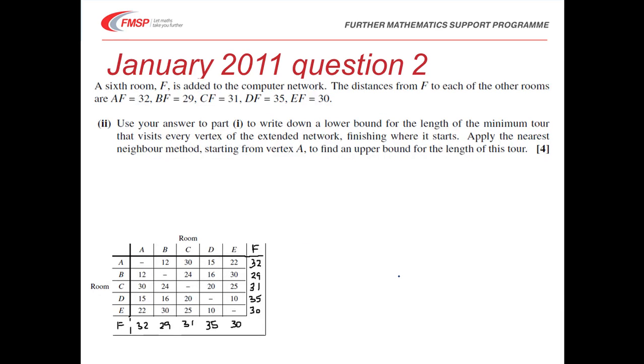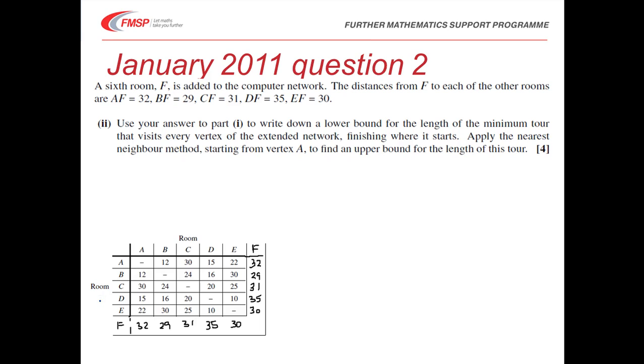We're now going to look, as I say, at the second part. So we've got the 6th room added. So what I've done here, and it's probably quite a good idea to do this, is I've just added on the extra column and the extra row to our table. I would probably recommend that you do that.